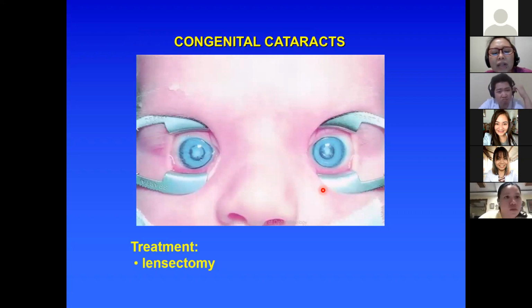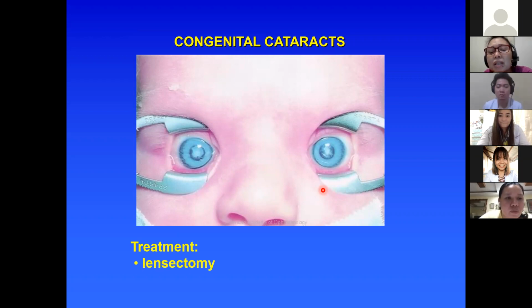Lensectomy. Lensectomy is different from your ordinary cataract surgery. In lensectomy, you remove the cataract. Lensectomy is done in children. You remove the cataract, but you also remove the anterior vitreous.